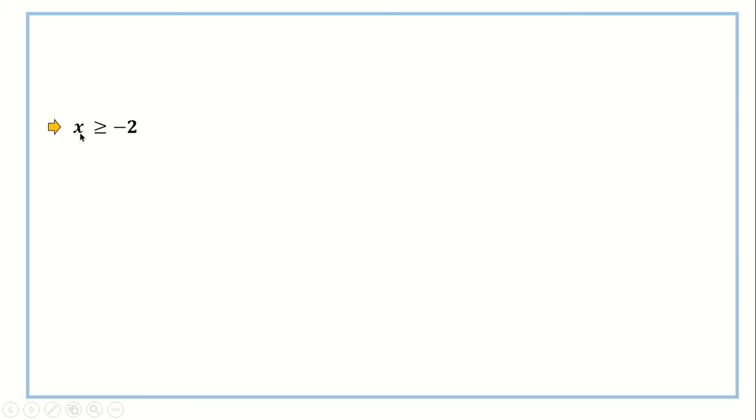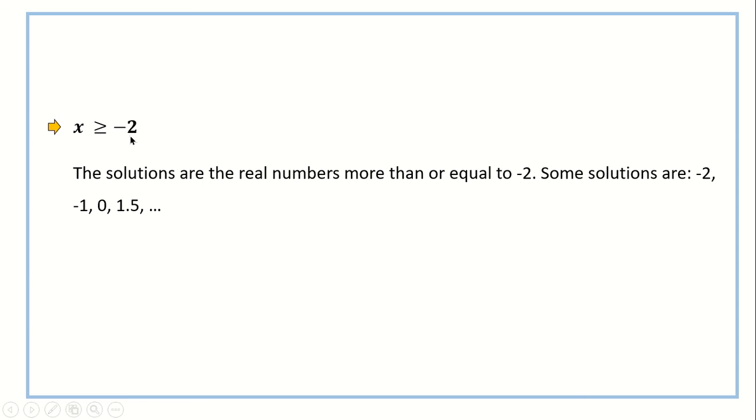Okay, let's look at another inequality. This time we have X is more than or equal to negative 2. What does it mean? What are the solutions? The solutions are the real numbers more than or equal to negative 2. Some solutions are negative 2, negative 1, 0, 1.5, and many others.